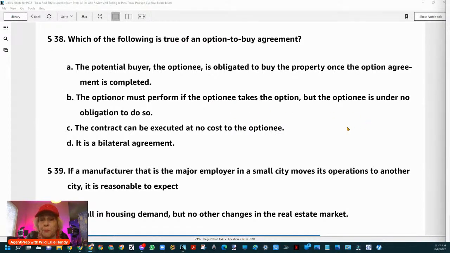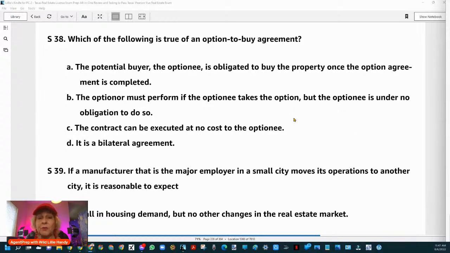There's an option period for the borrower to do their due diligence, their inspections, and we pay an option fee. If they decide they don't want the property and terminate prior to 5 p.m. on the designated day, time is of the essence, then the only thing they lose is the option fee. That stays with the owner. They get their earnest money back. They're under no obligation and have a right to terminate during the option period.